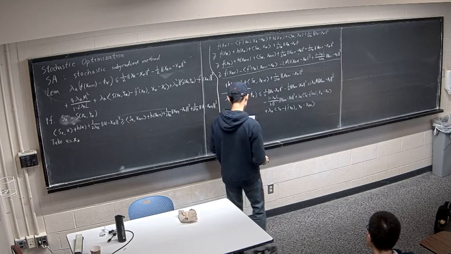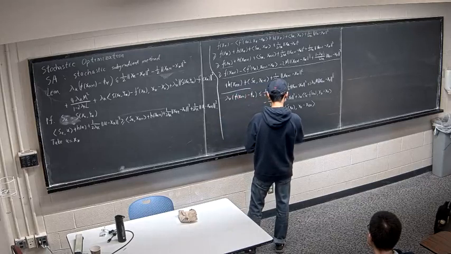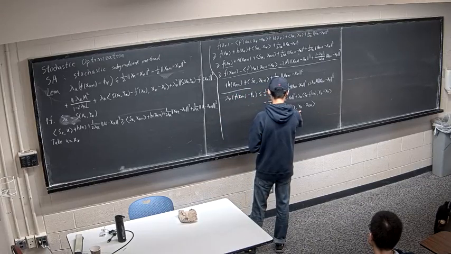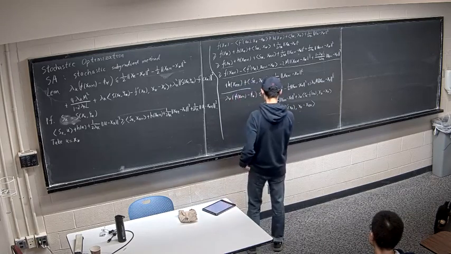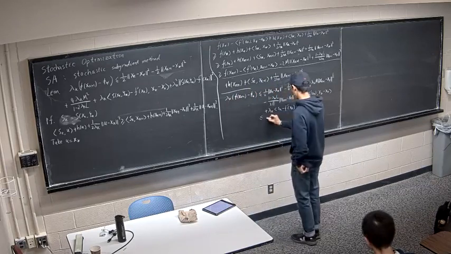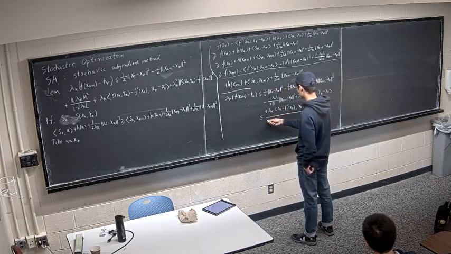And now let's upper bound this inner product by using the Cauchy-Schwarz inequality. Then we will have, this is upper bounded by the two lines above.